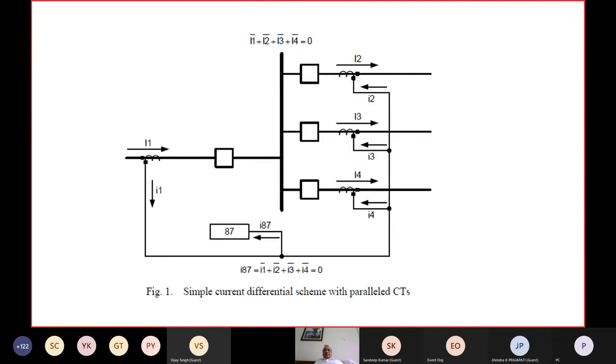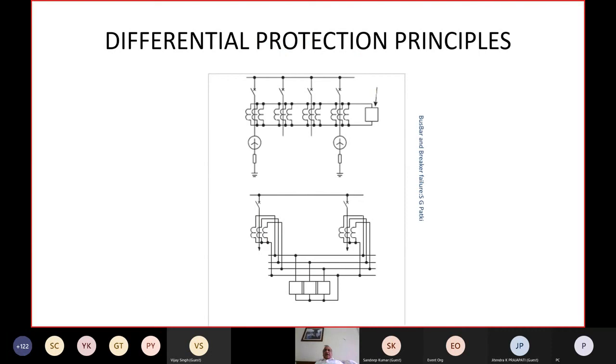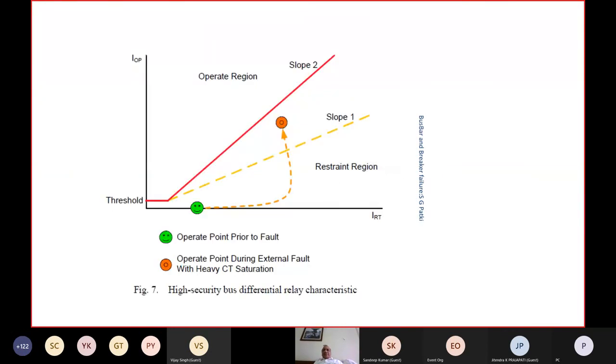Basically, again, we are not going to discuss the busbar protection scheme as a whole, but sometimes the busbar protection scheme can react to faults which are outside the bus fault scheme, which we call the through fault condition. Again, basically the low impedance, high impedance, same principles are used even for the bus fault differential scheme.